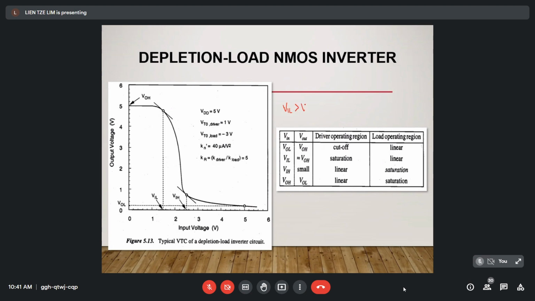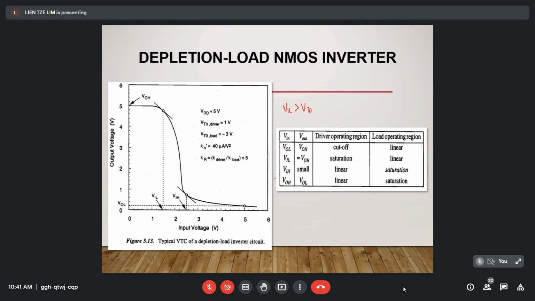Then the driver starts to become saturated, meaning it starts to conduct some current, but the current does not increase. It is in the saturated condition. When the driver is in saturation, the load operating region is in linear.